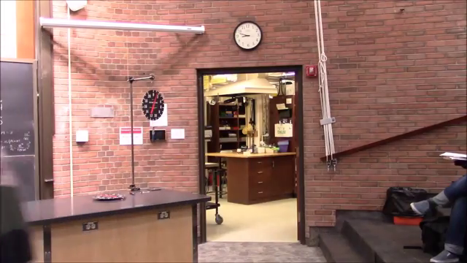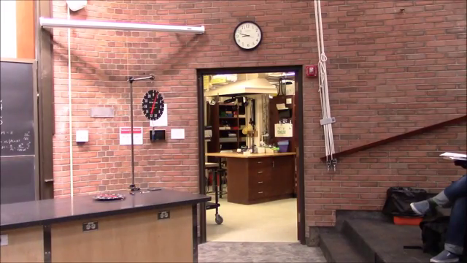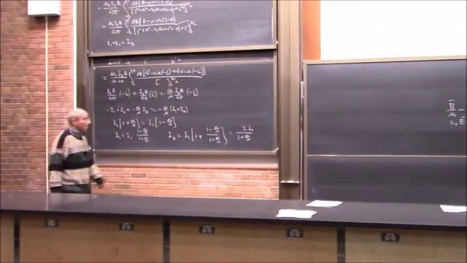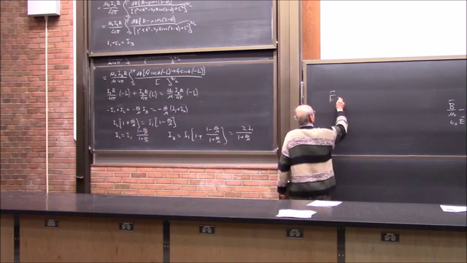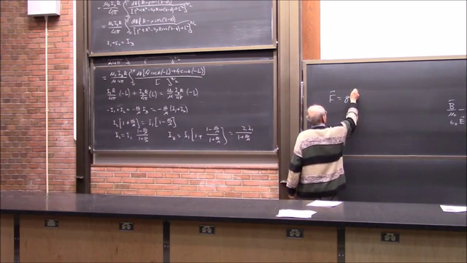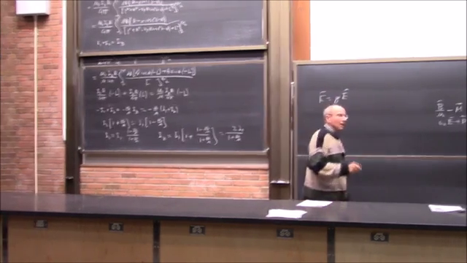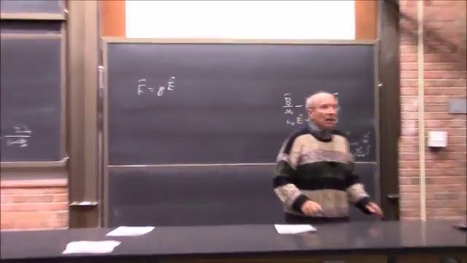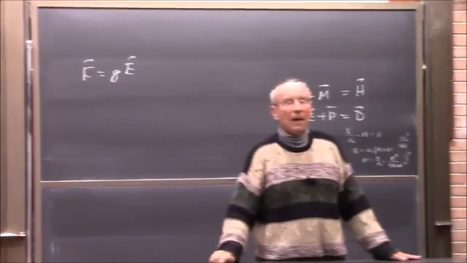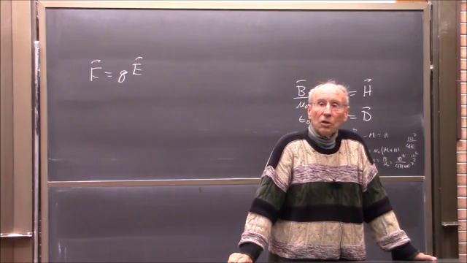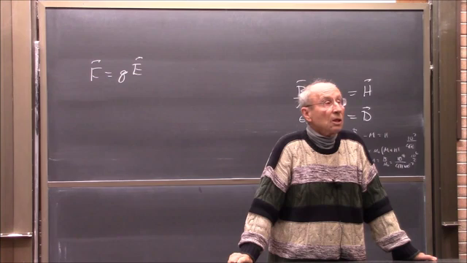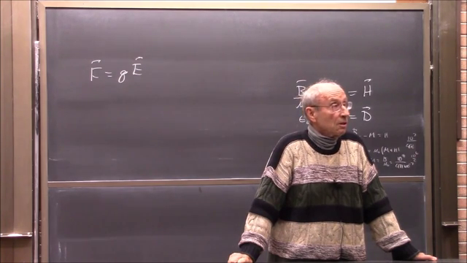So what we need to do is get the relationship that corresponded to the electric case. F was equal to Q times E. So the question is, we've done all this effort to find the magnetic fields. Now we have to ask, what forces do the magnetic fields exert on charges or currents?